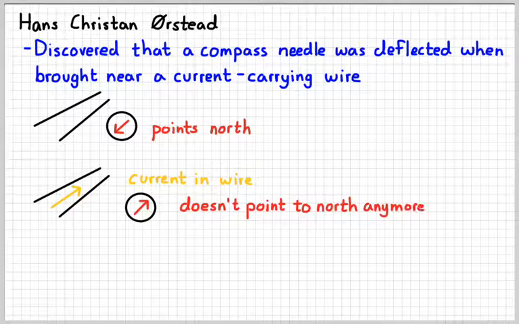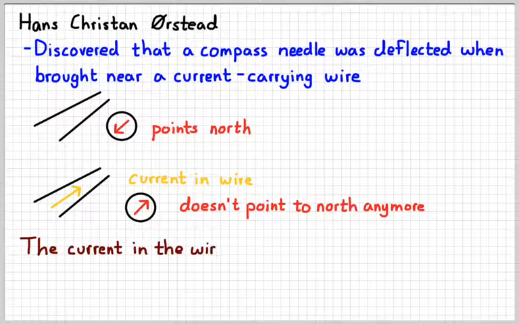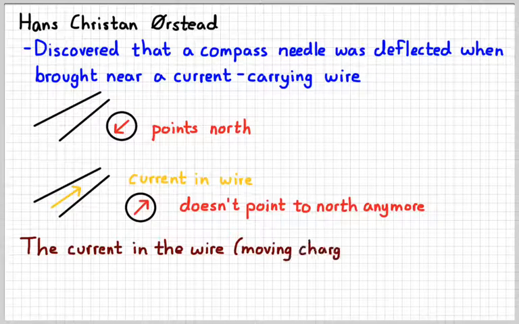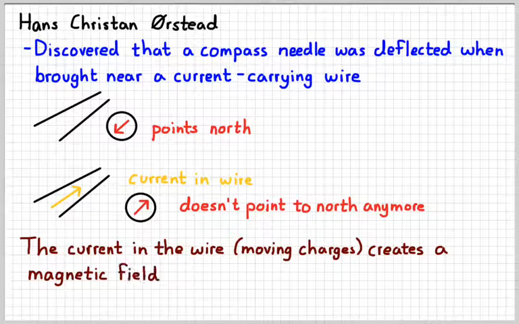In other words, it doesn't point towards the north anymore. What's happening is that the current in the wire, remember current is just a moving charge, creates a magnetic field that interacts with the Earth's magnetic field and makes the compass point a different direction. So the big idea that Ørsted discovered is that currents will create a magnetic field.